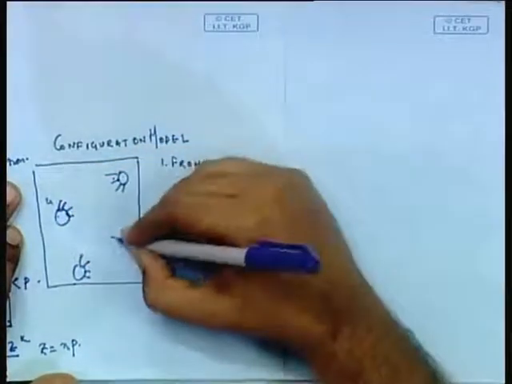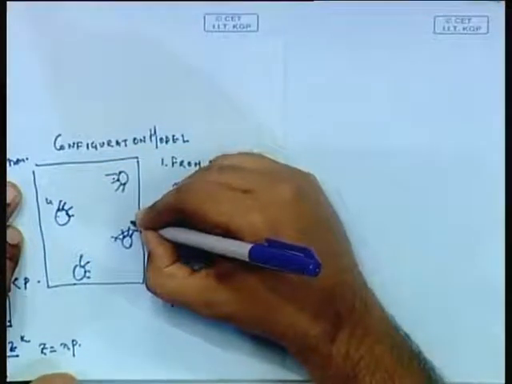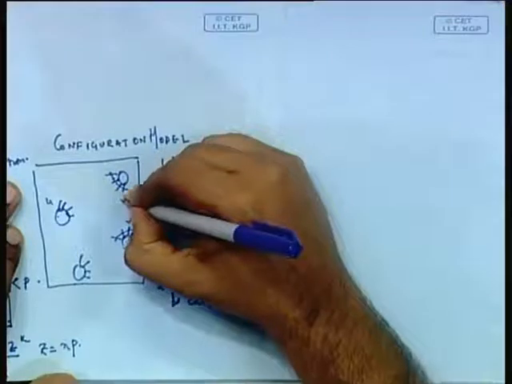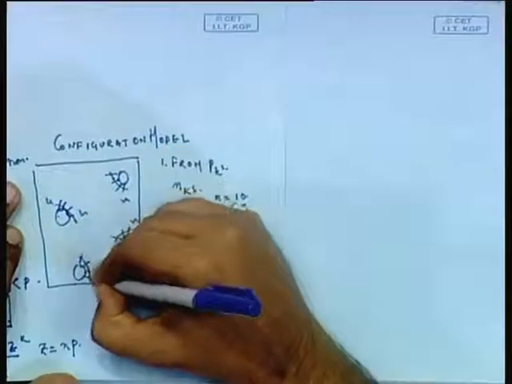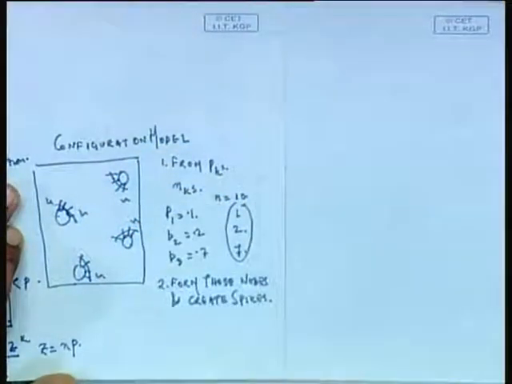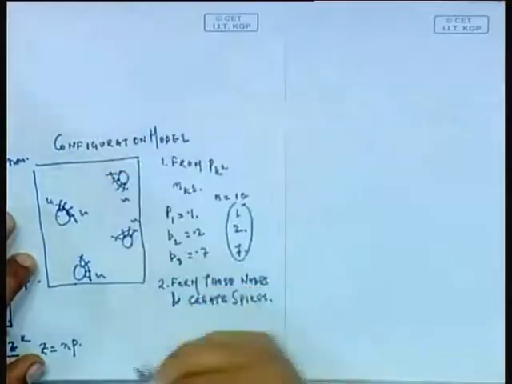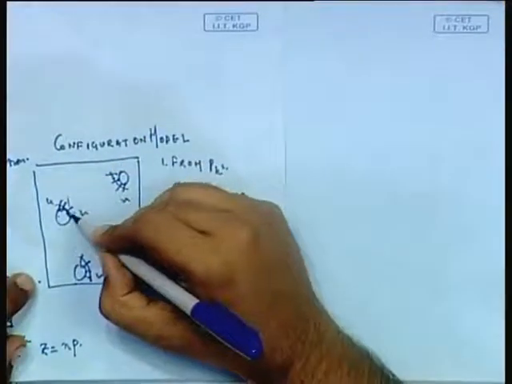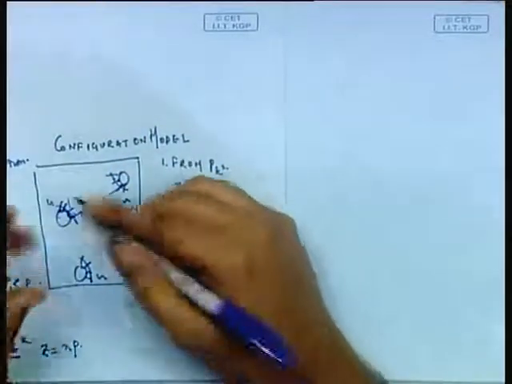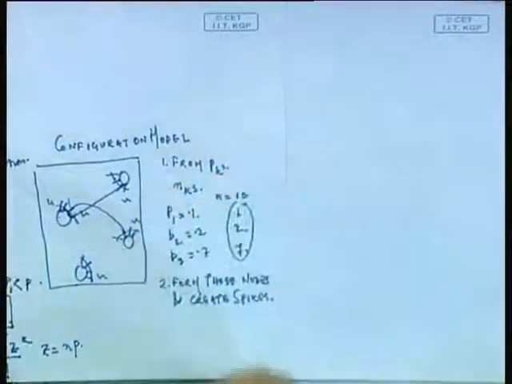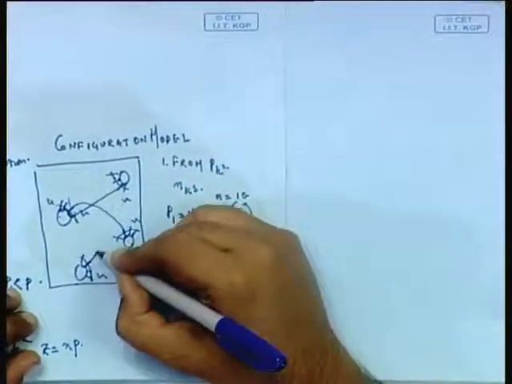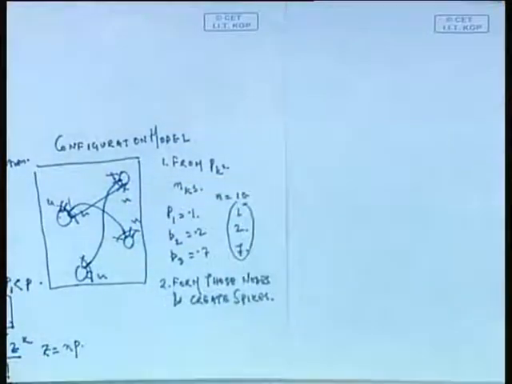So, here everybody has m equal to 4, everybody is having 4 spikes. And then randomly join spikes. Take a spike from here and a spike from here and join. Take a spike from here and a spike from here and join it. This way go on.